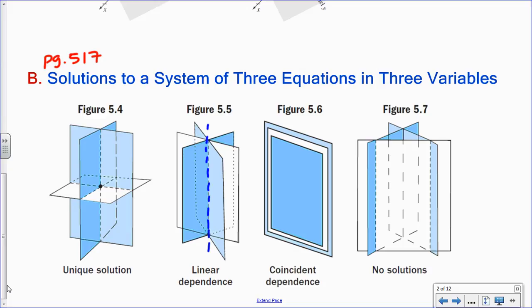Then you can have no solution, or you could also say inconsistent. I would accept that as well. That is where they don't all 3 intersect at a single place. Like 2 of them can intersect, but there's no place where all 3 of them intersect.